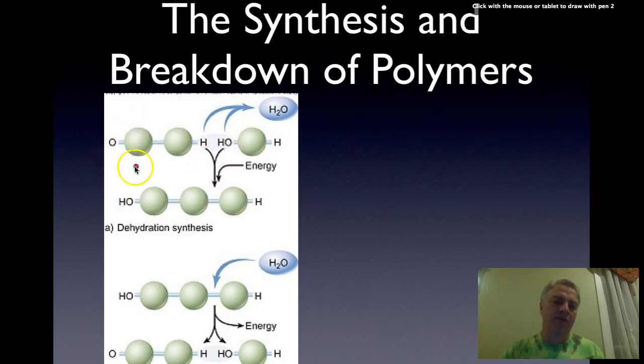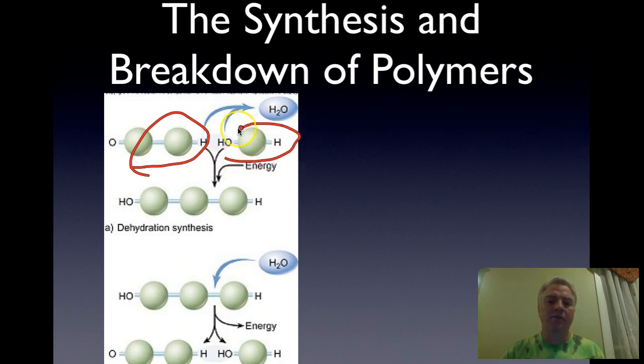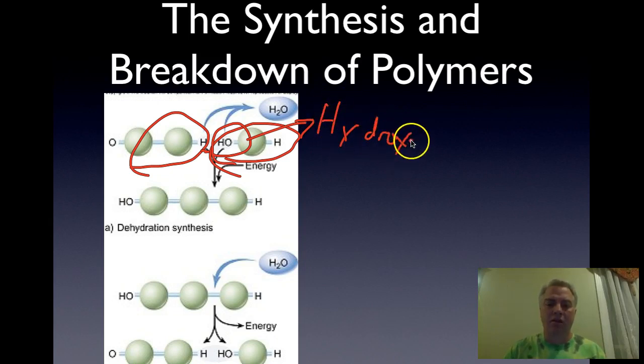We have one right here, and we have the other one right here. If you'll notice, on each one of those monomers, on one side we have a hydrogen, a little atom of hydrogen there, and on the other one we have this OH. That OH right there has a specific name, it's called a hydroxyl group.